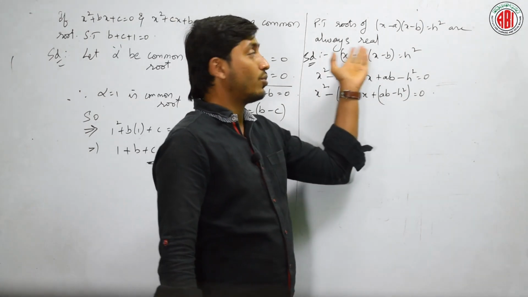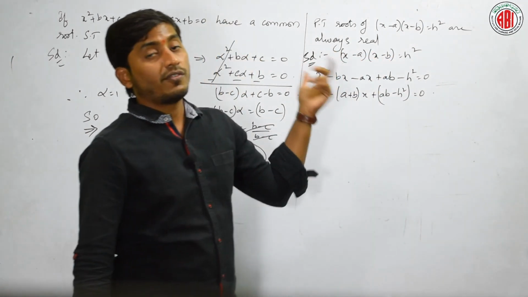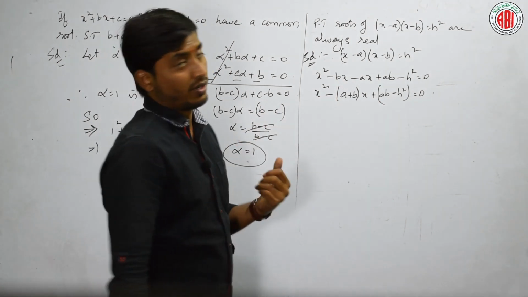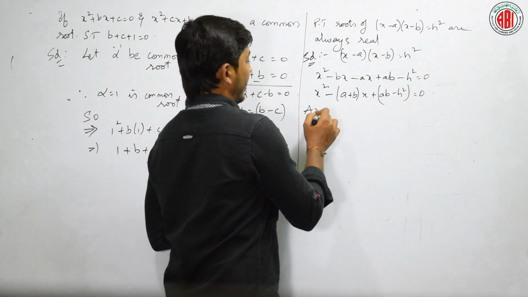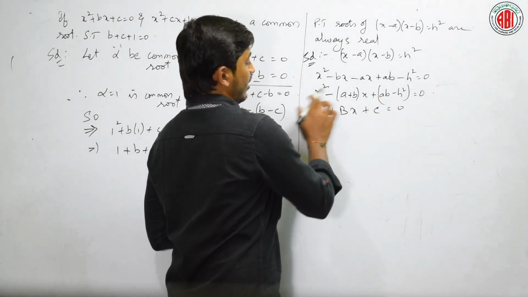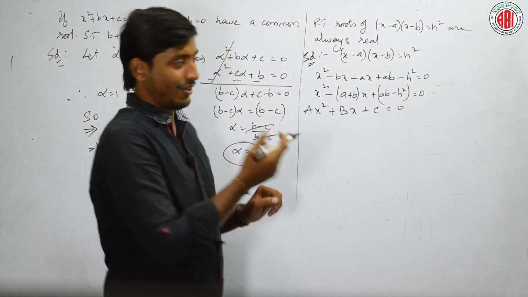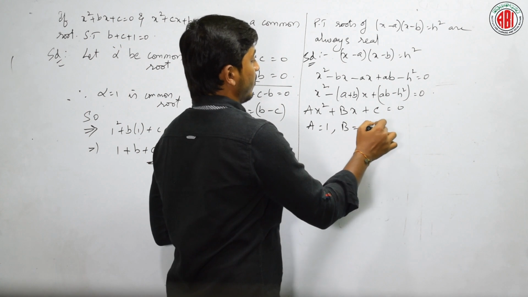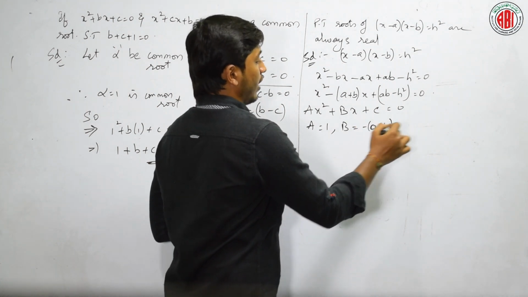He is telling that the roots are real. So, what is the formula? We have to check it. Let us find b square minus 4ac for this. This is in the form of, let us take capital X here. Why? Already there are ABC terms in that. Okay. So, a is 1, b is minus of a plus b, okay.